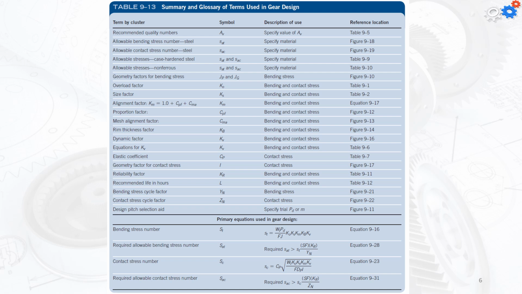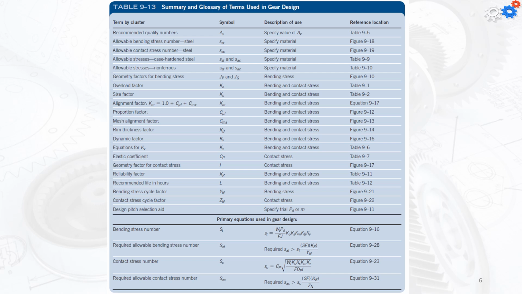So as you can see here, the primary equation used in the gear design for the ST is equation 9.16. For the required allowable bending stress number, it's going to be equation 9.28, sorry. The contact stress number is going to be from equation 9.23. And finally, the required allowable contact stress number is going to be from equation 9.31.